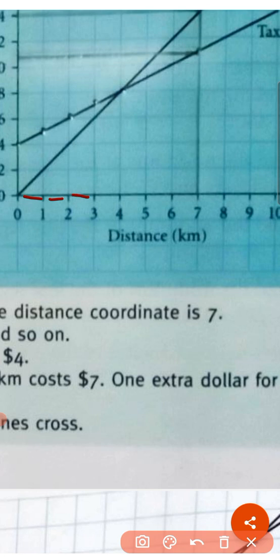The numbers marked are 0, 1, 2, 3, 4, 5, 6, 7, 8, 9, 10, etc. The difference between each point is equal to 1, so each unit is equal to 1 kilometer.